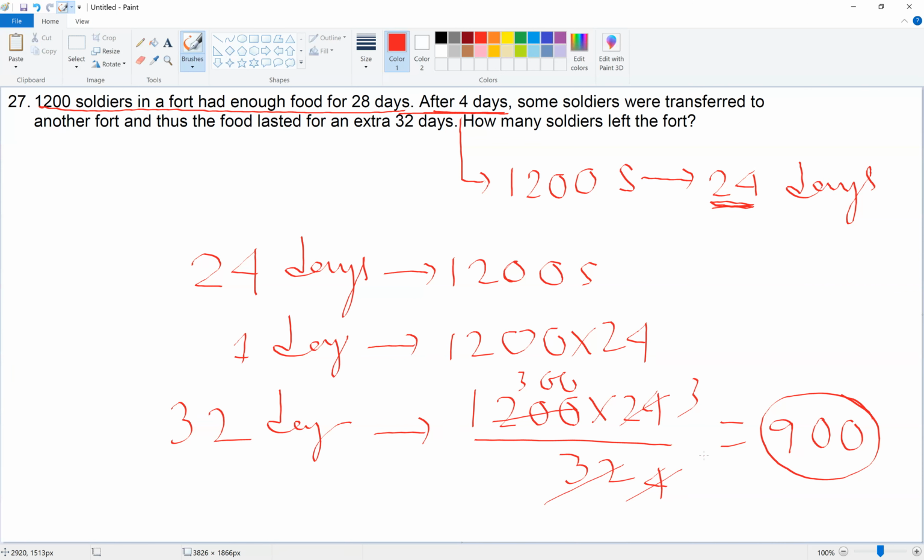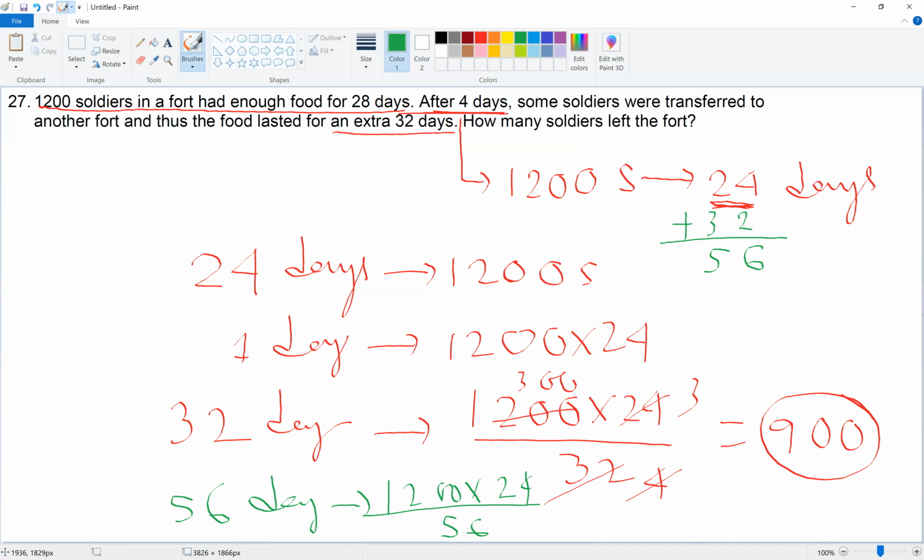Yeah, that's true. That could be thought of that way also. I think you're right. It should be this plus 32, which is originally it was supposed to run out in 24, but it didn't. So 56 days. This would be 1200 times 24 over 56.